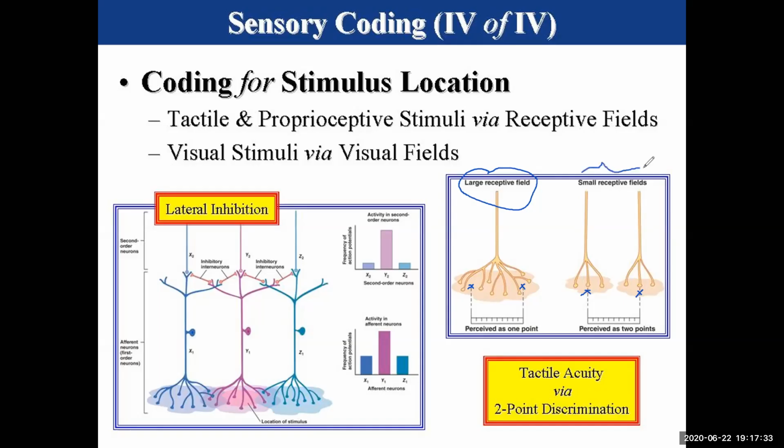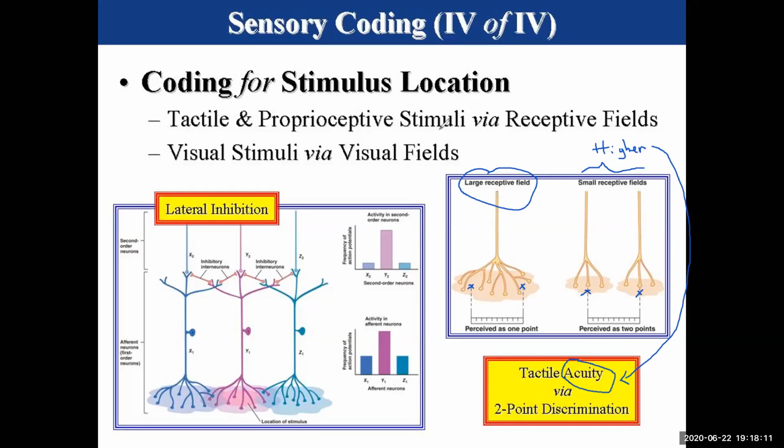So this one has a higher acuity. I don't know how to pronounce this word. So this is higher, so it can have a higher discrimination capability, perceiving two points.